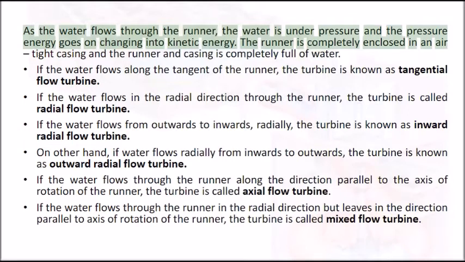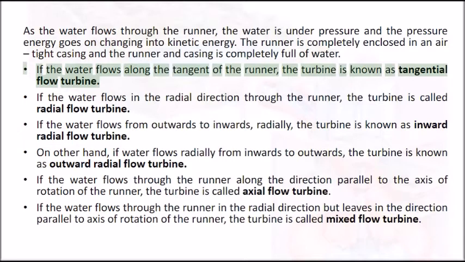The runner is completely enclosed in an air tight casing, and the runner and casing is completely full of water. If the water flows along the tangent of the runner, the turbine is known as tangential flow turbine.